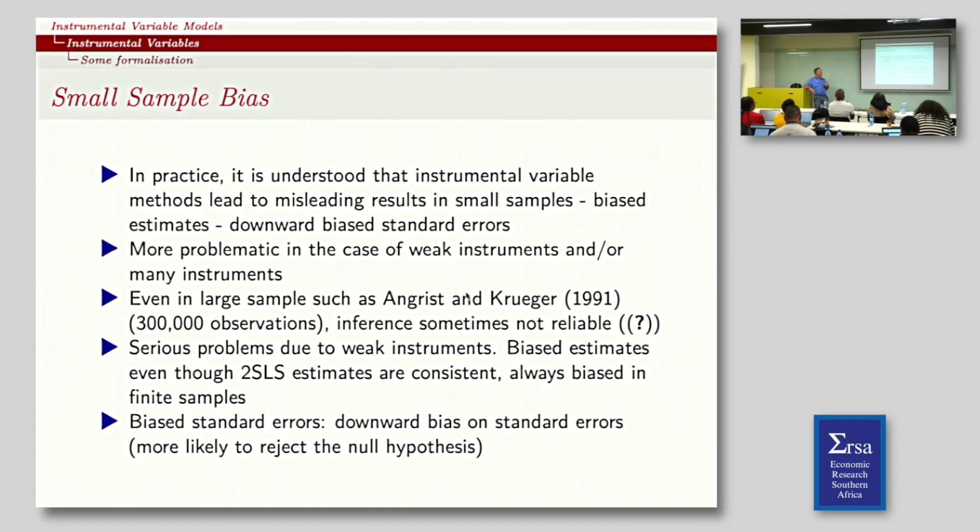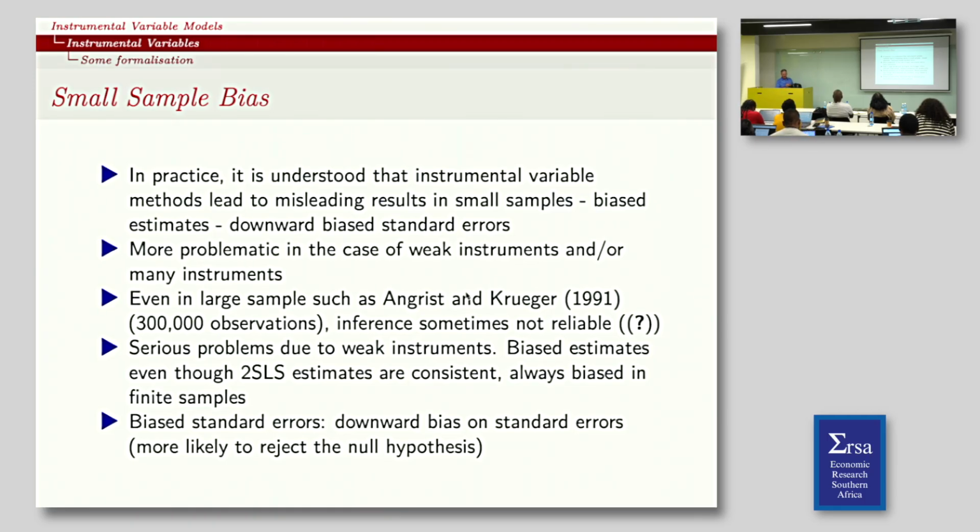They've got some 300,000 observations, and yet inference isn't always reliable. And when n is that big, you almost always expect to see statistical significance. It's almost unheard of that you don't get it. So there's probably some problems in their paper with weak instruments.